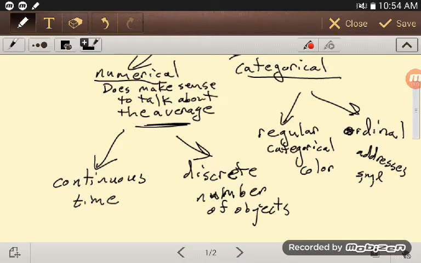Again, we don't know. They're just categories. Okay, so those are our 2 types of variables, numerical and categorical, up here. And then within those subtypes, we have continuous numerical and discrete numerical. And then we have our regular categorical and our ordinal categorical. So those are the types of variables that we have.